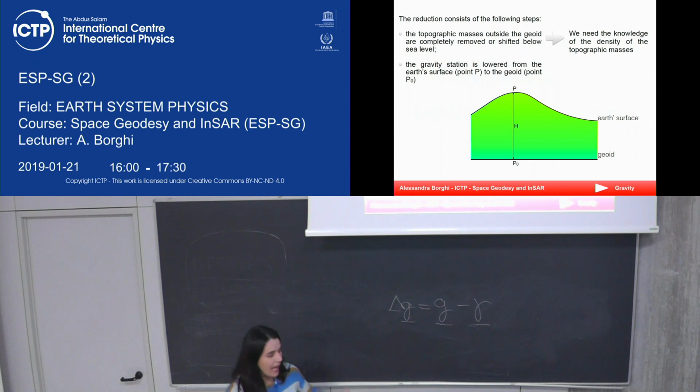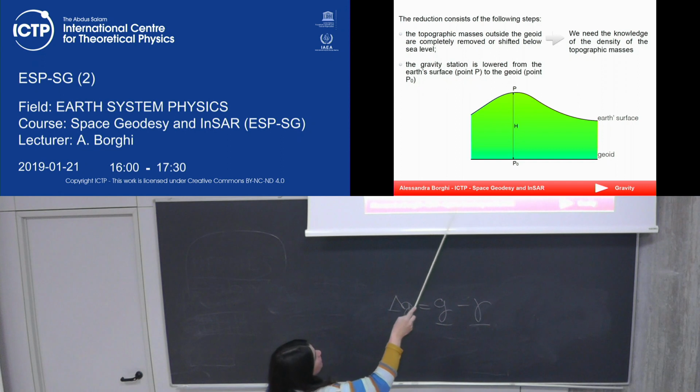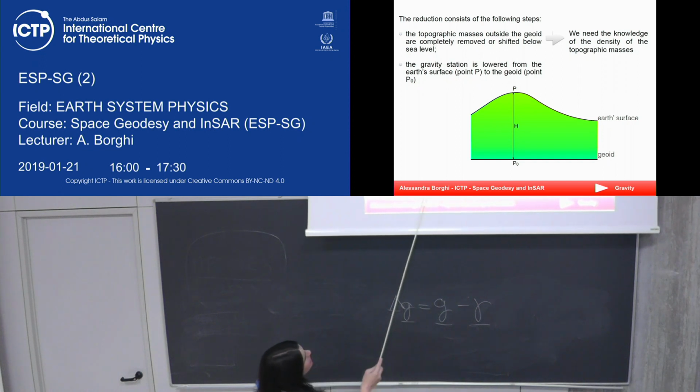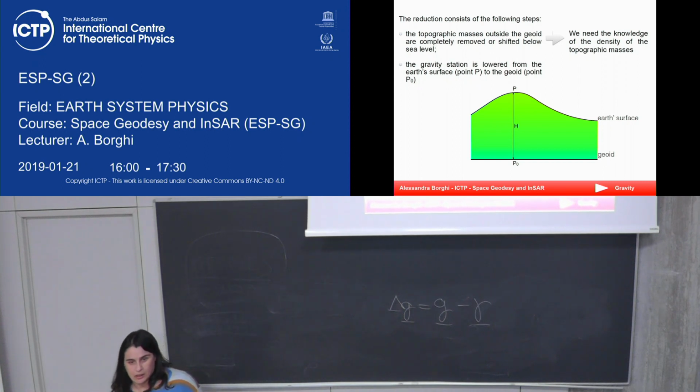But often we need other reduction. We need to reduce our measures that are performed along the Earth surface, the topographic surface of the Earth. We have to reduce to the geoid, to the sea level, to say in a simple way. When you see observation in geophysics, you also refer to the sea level, not to the true topography.